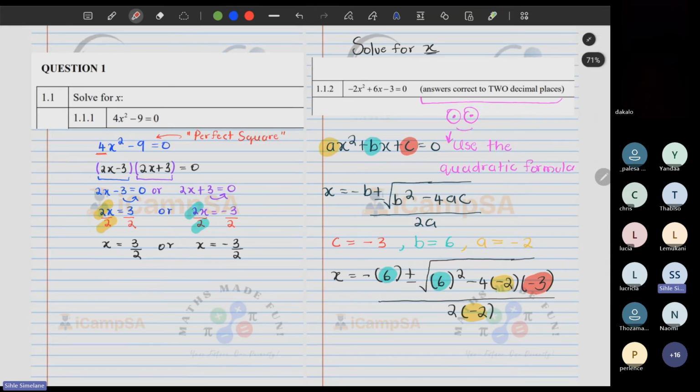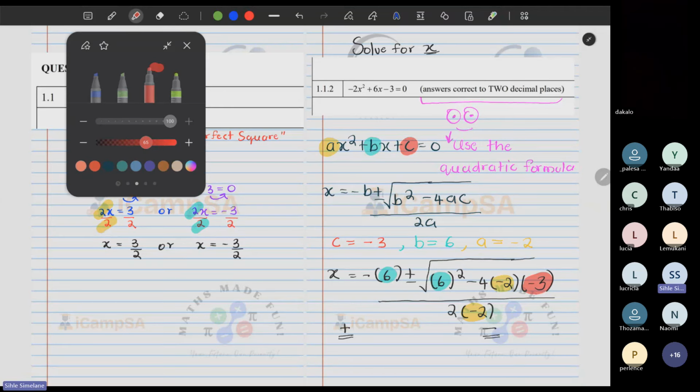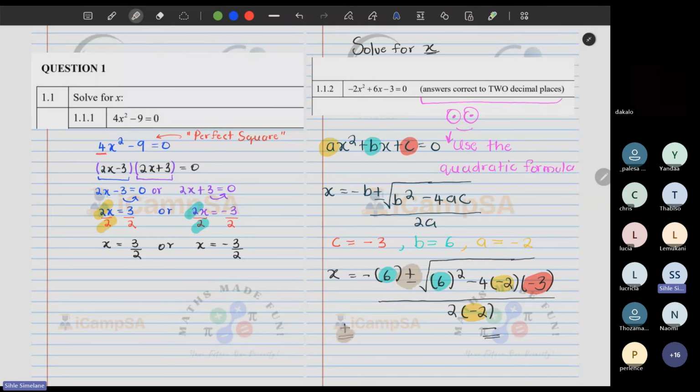So punch on your calculator, guys, and give us the answer. You'll give me the answer when you put in a plus, and you'll give me the answer when you put in a minus. Okay. So let's go ahead. The plus or minus, that is what we are referring to there.